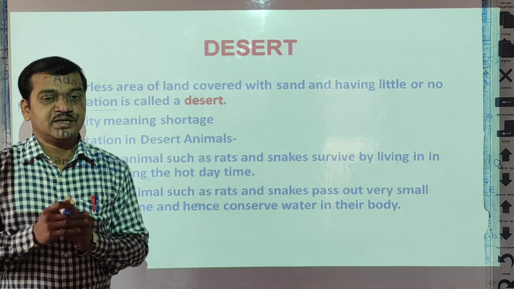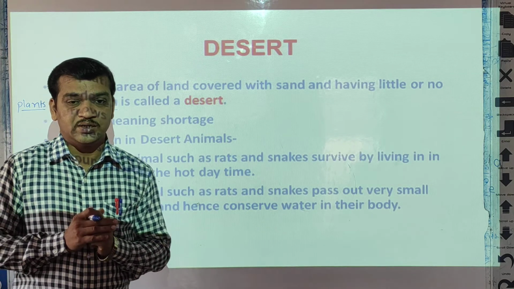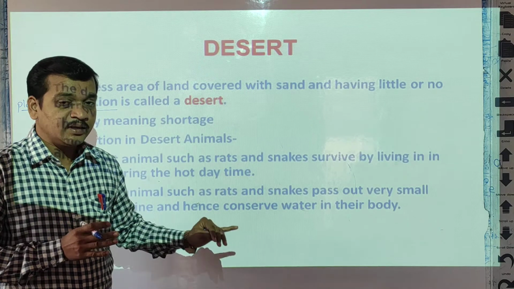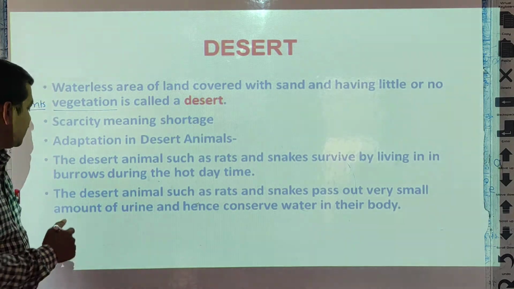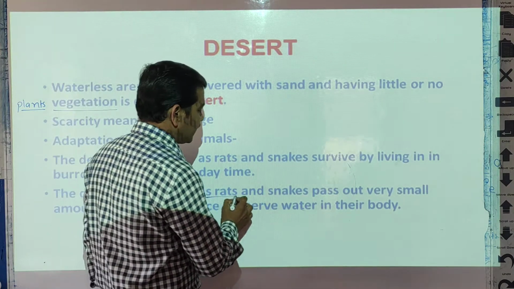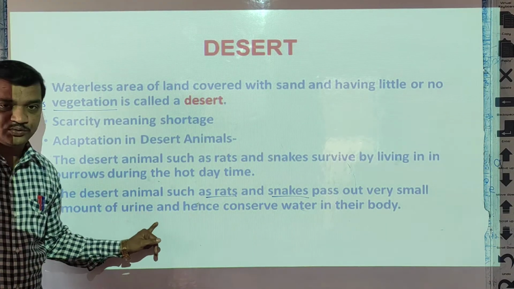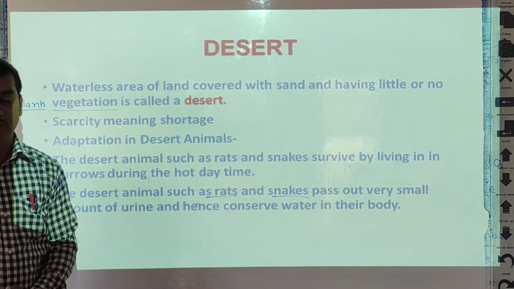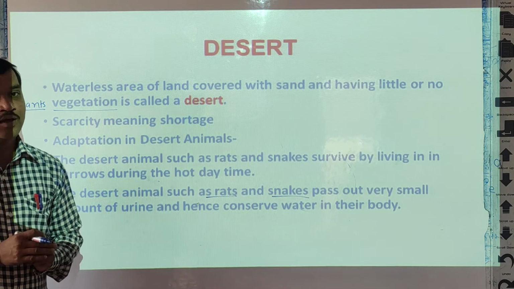First thing, and second thing, they lose very less water through their body. That is why these animals are able to survive in that habitat. Hence they conserve water, and this way they store or save the water in their body.